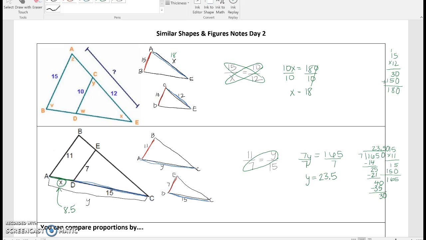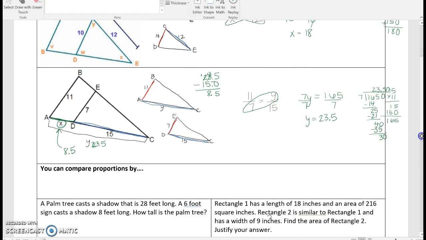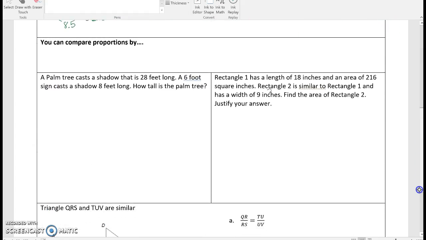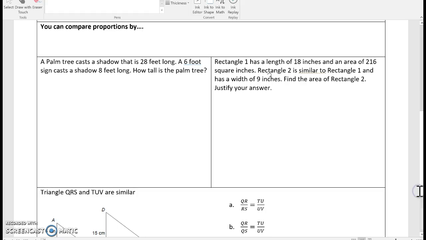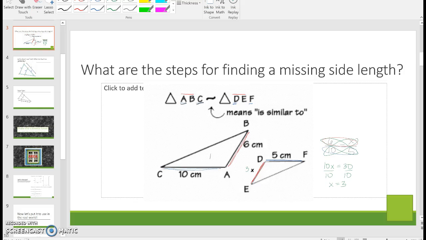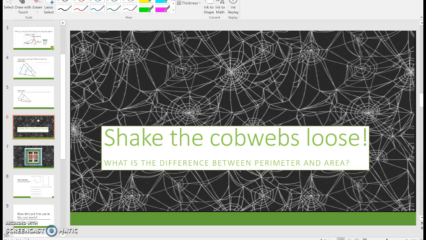So the next piece says, let's see, you can compare proportions by. Okay, so before we get to that, let's look at shaking the cobwebs loose, okay?